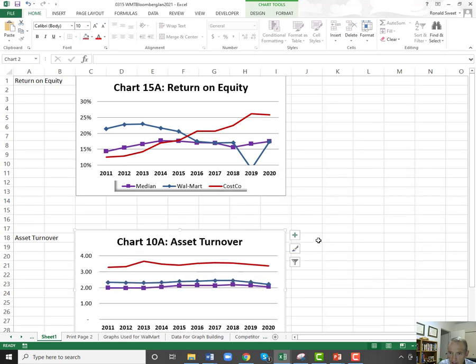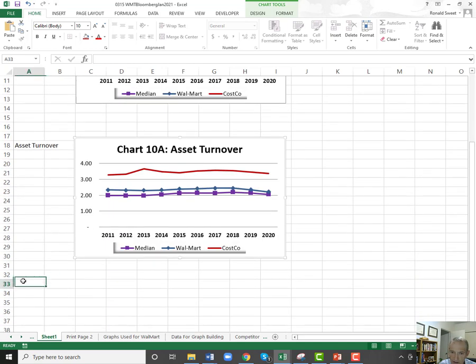So here we can see on asset turnover, one of the reasons Costco is so much better than Walmart is they have really strong asset turnover. However, you notice Costco's return on equity is going up, but their asset turnover is flat. So you can't say their ROE is going up because of their strong asset turnover, because asset turnover hasn't been going up. So that doesn't really answer the question.